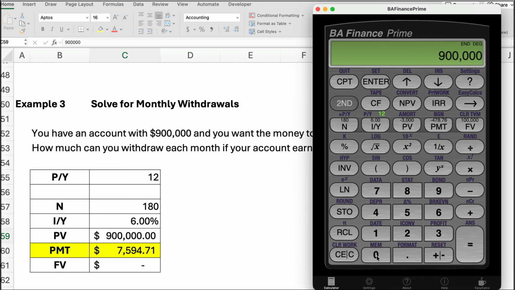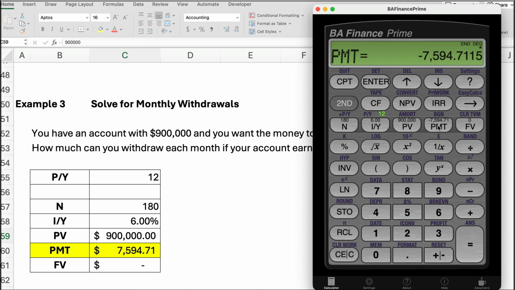If I enter this as negative, the payment will come out positive. We can kind of ignore the sign here. So let's put present value in as 900,000, 0 as future value, and then compute the payment. We're able to take out of that account $7,594.71 if we want our money to last for 15 years.